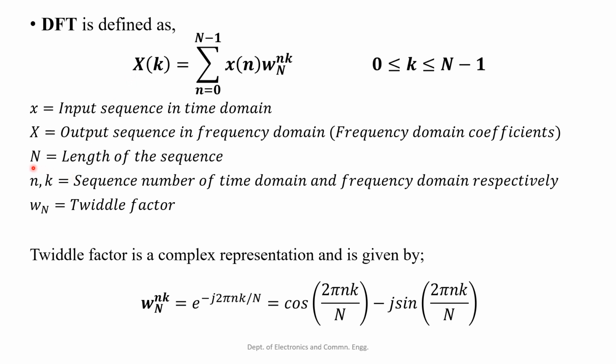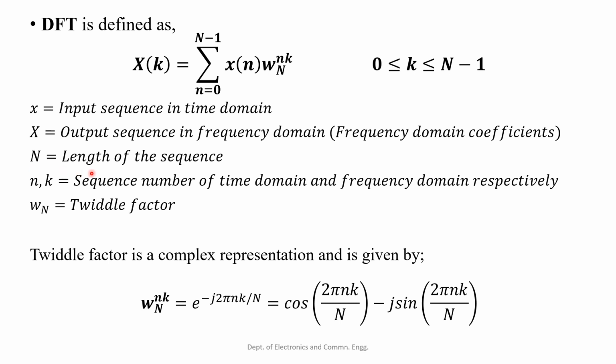Now, continuing, capital letter N is the length of the sequence. With respect to the previous PPT, there were 4 values present, therefore the length N will be equal to 4 for that particular case.